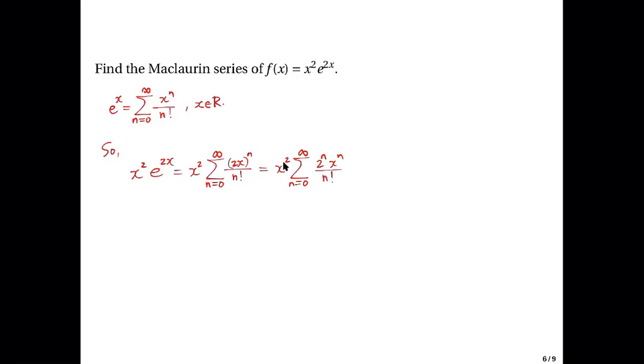And then since x squared here does not depend on n, we can bring it in so that we will get the series from n equals 0 to plus infinity of 2 to the n x to the n plus 2 over n factorial. So that's the Maclaurin series for that function.